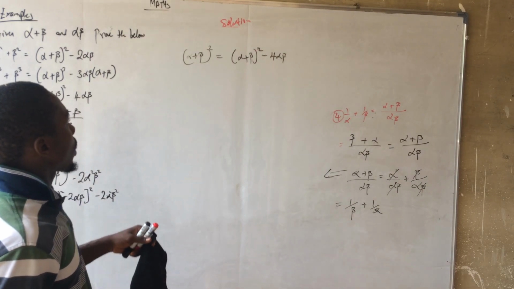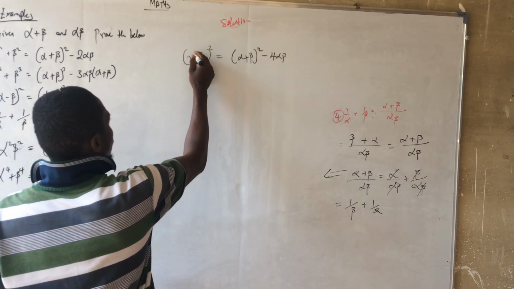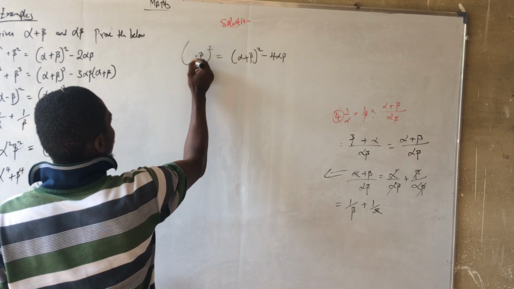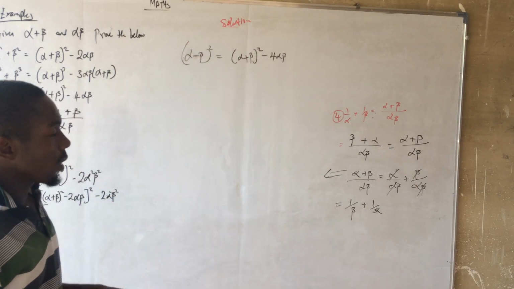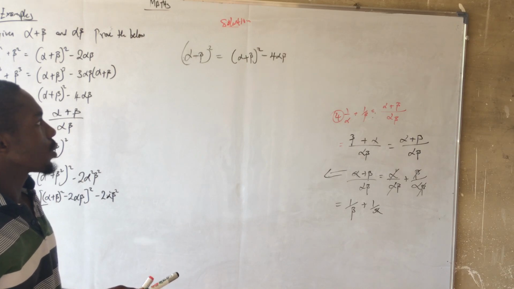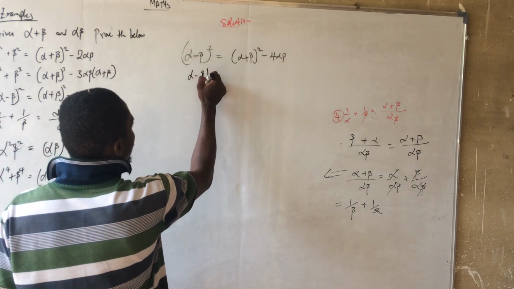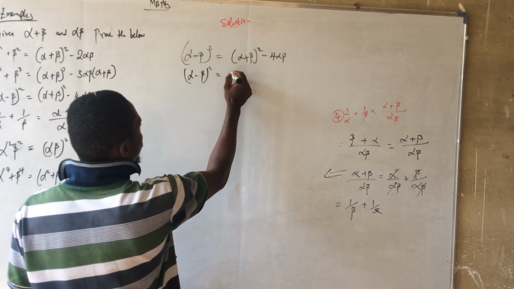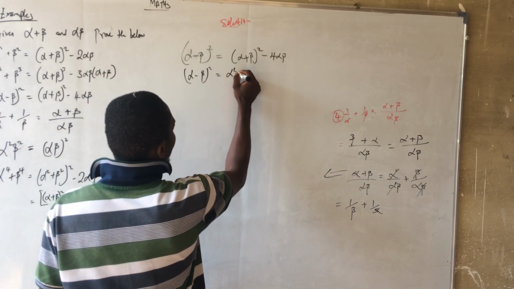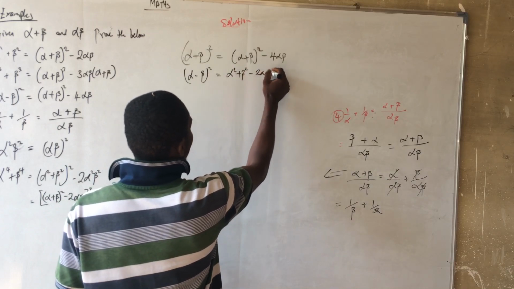I told you that when you want to prove this, you should not use alpha minus beta. Like what I did was alpha minus beta all raised to the power 2 is equal to alpha squared plus beta squared minus 2 alpha beta.